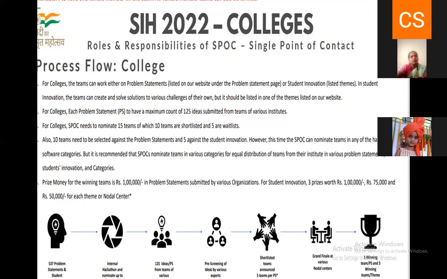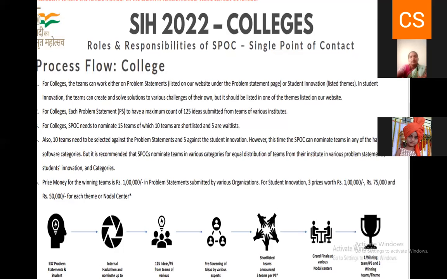If you register for student innovation, meaning you are not choosing a problem on the SIH website and you have your own innovative idea, then for this category there are 3 prizes. The first prize is 1 lakh rupees, the second prize is 75,000 rupees, and the third prize is 50,000 rupees.